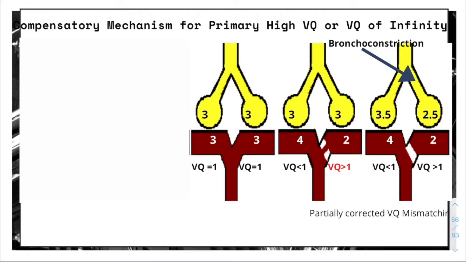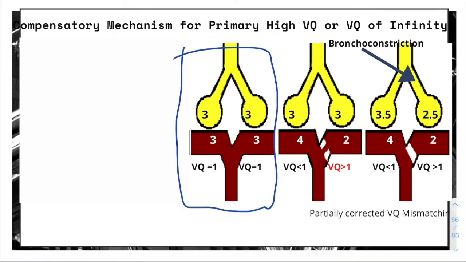How about a high VQ or a VQ of infinity? This is again the ideal setup, a VQ of 1. If you have problems with perfusion, so you have a VQ of greater than 1, what will be the response? There would be bronchoconstriction.